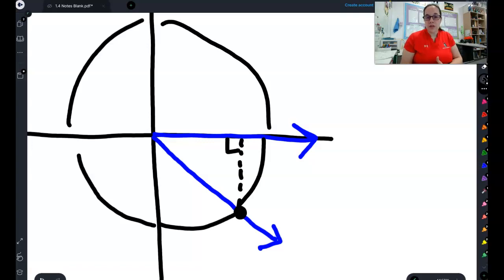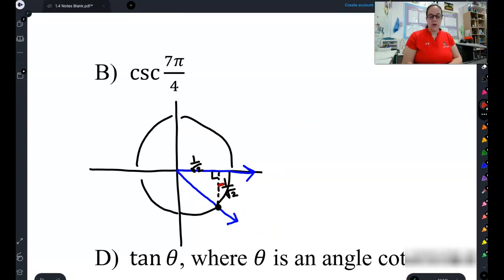I notice on this triangle, this is my isosceles. The sides are the same. So that means both sides are going to be 1 over √2. And because I'm in the fourth quadrant, this one should be negative. So that makes my point 1 over root 2, comma, negative 1 over root 2.